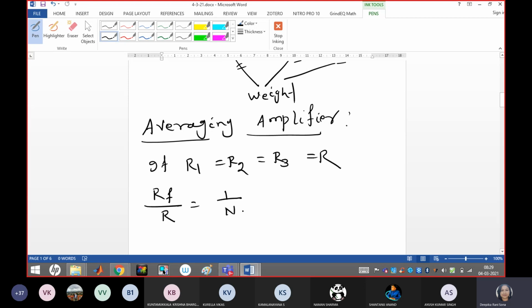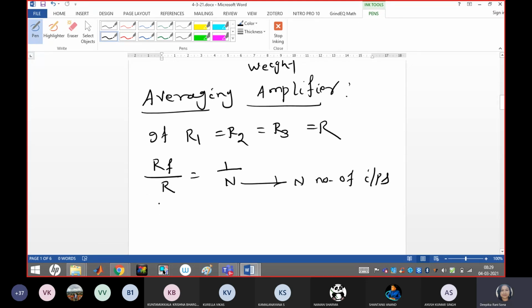Here we are taking n number of inputs. In the previous example, how many inputs have we taken? 3. So RF by R, in terms of 1 by n, means 1 by 3.